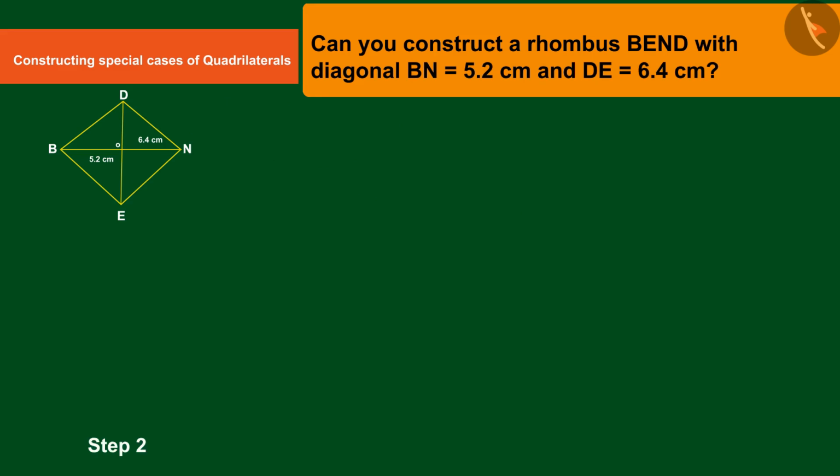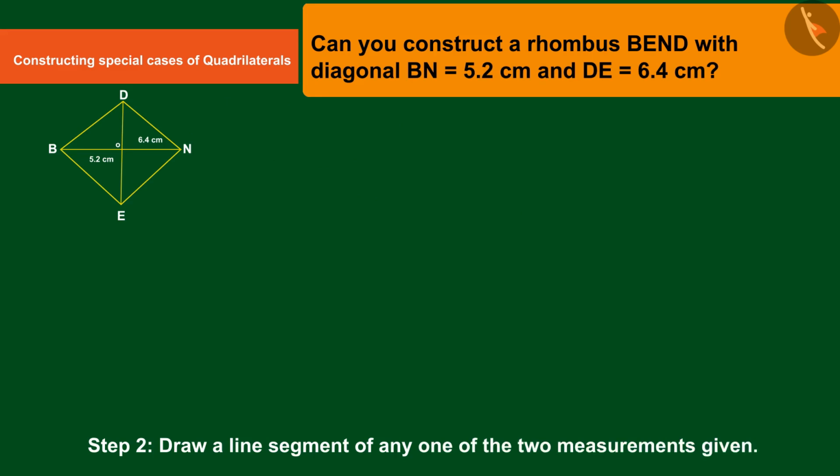Draw a line segment of any one of the two measurements given. Draw a line segment BN equals 5.2 centimeters.